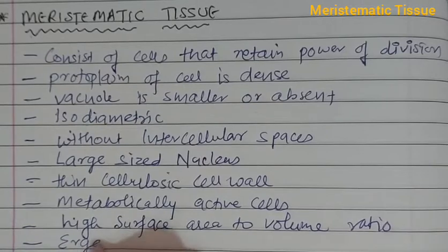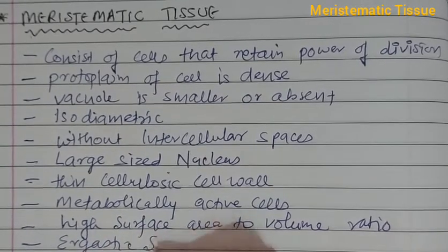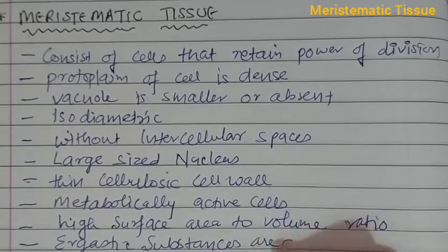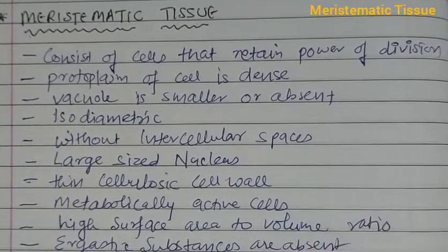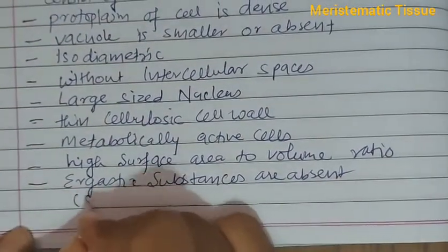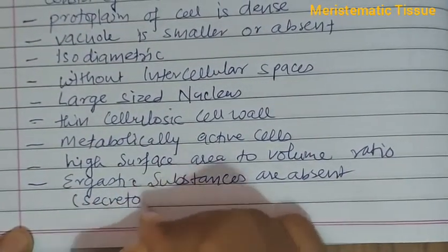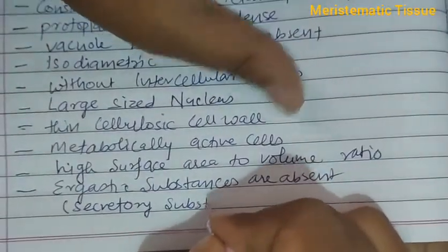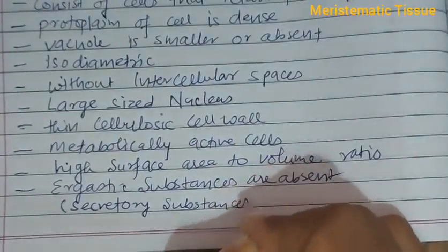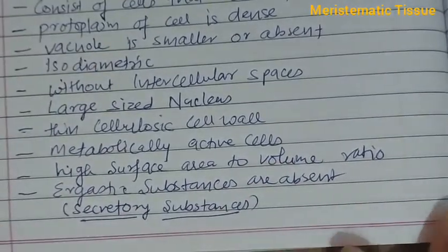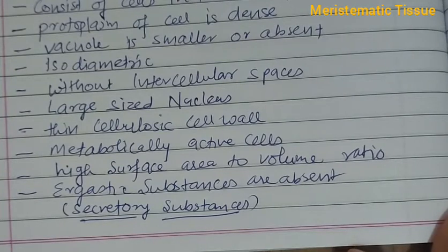Ergastic substances are absent. Actually, ergastic substances means secretory substances, and secretion is actually performed by permanent tissue, not meristematic tissue. So ergastic substances are released by non-dividing cells.